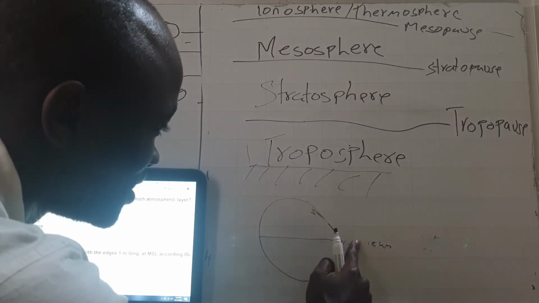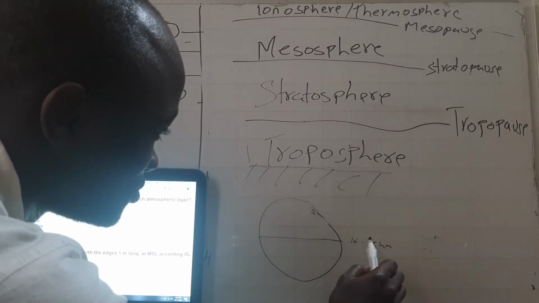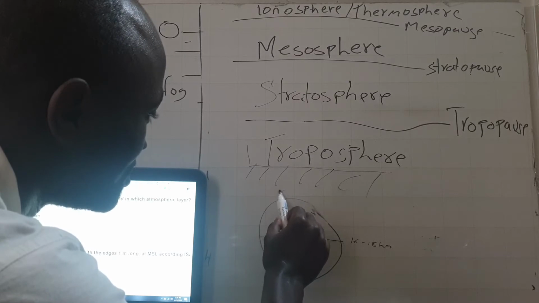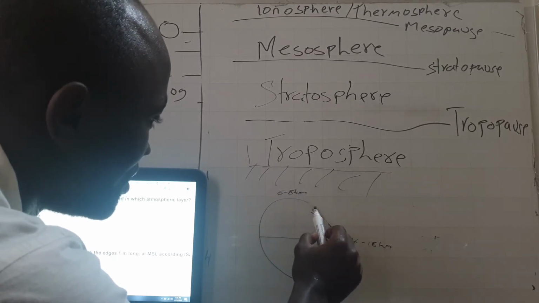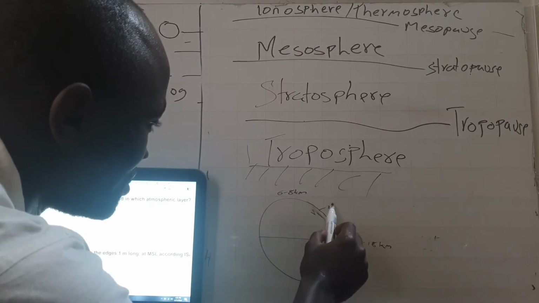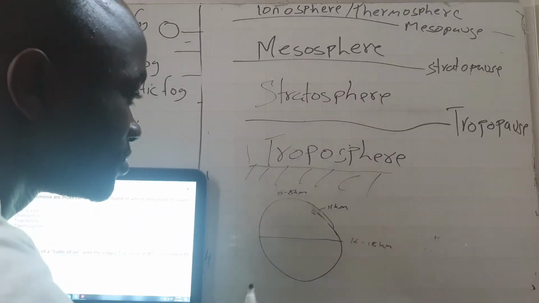It's usually 16 to 18 at the equator. Then at the pole, it ranges from 6 to 8 kilometers. And at mid latitudes, it is about 11 kilometers.